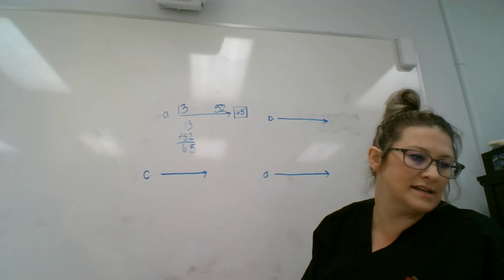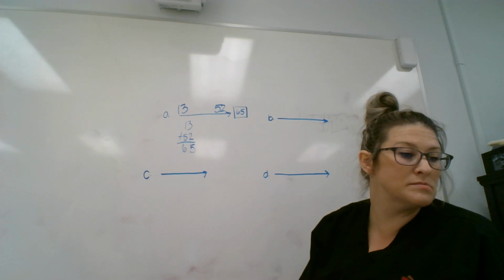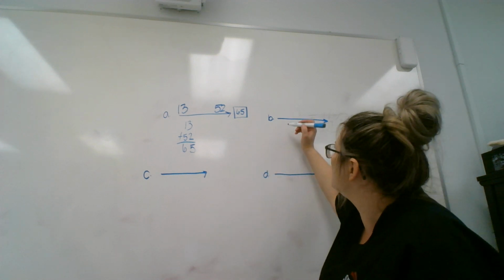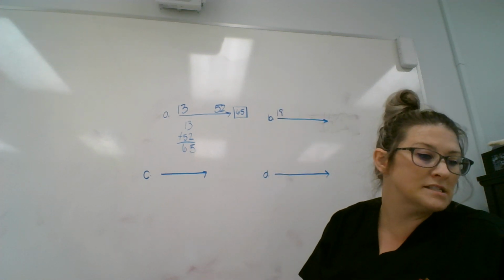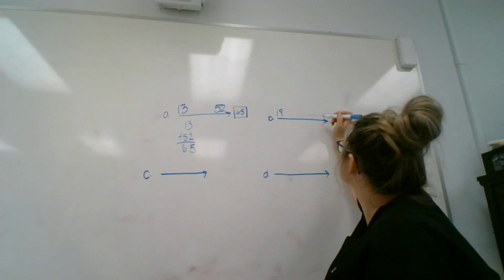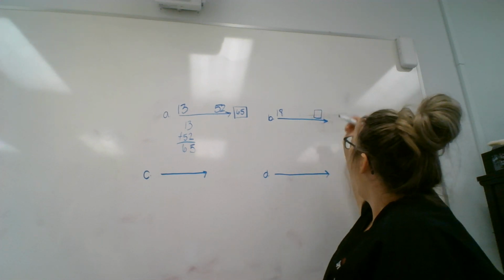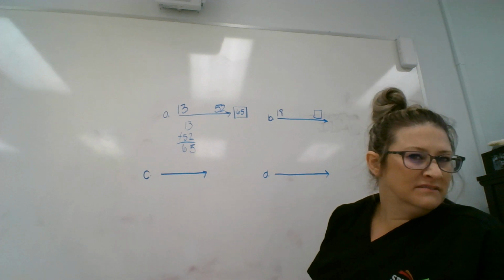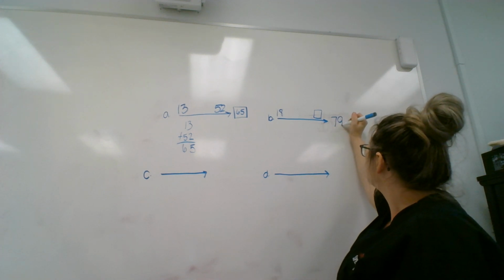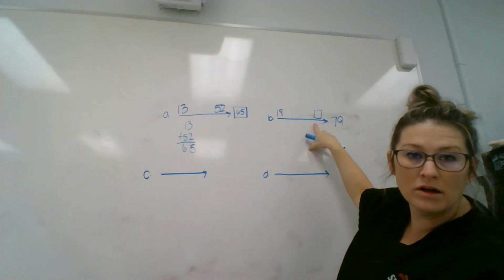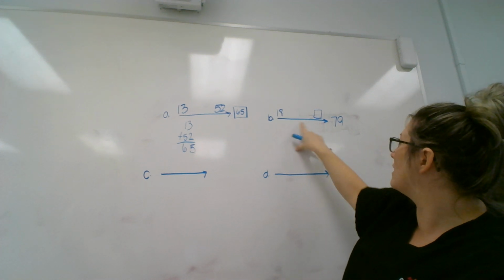Problem B says the first small number is 18. So this is my first small number, 18. My second small number is a box. My big number is 79. If I'm missing a small number, remember I have to go backwards and subtract.